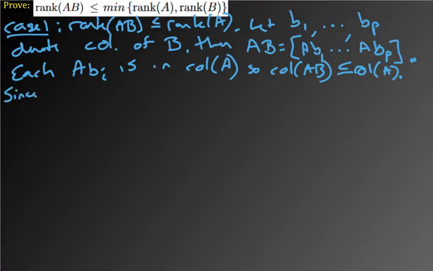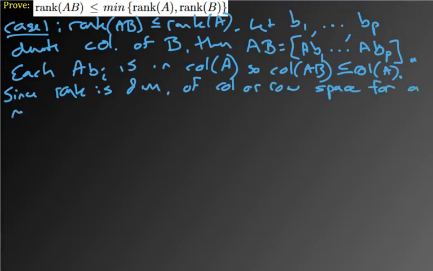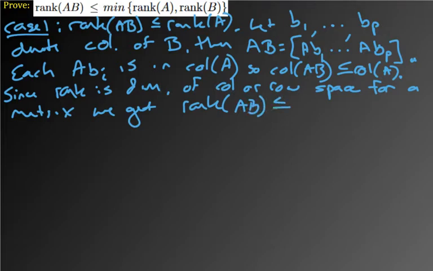So since rank is just the dimension of the column or row space for a matrix, we get that the rank of AB has to be, this is a containment symbol, the curvy one, but now this is truly a numerical representation, right? So the rank of AB is less than or equal to the rank of A.